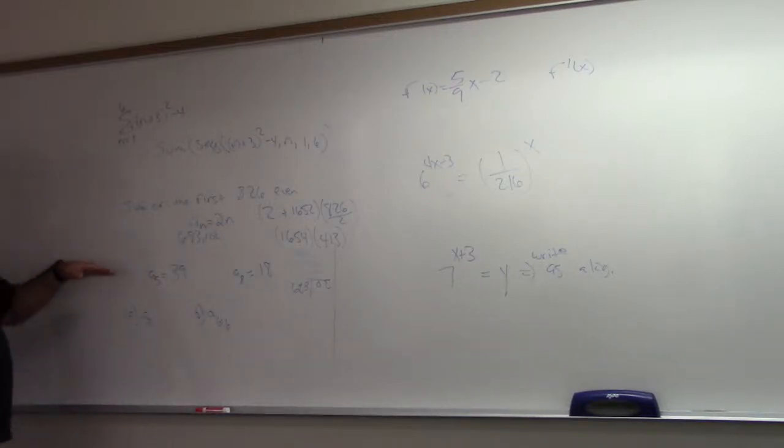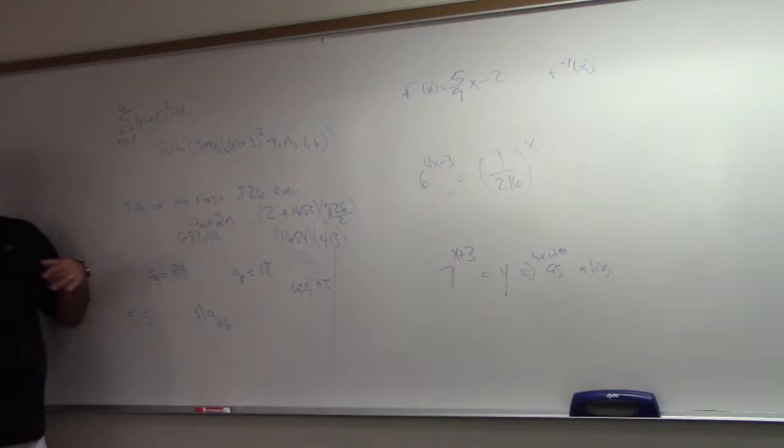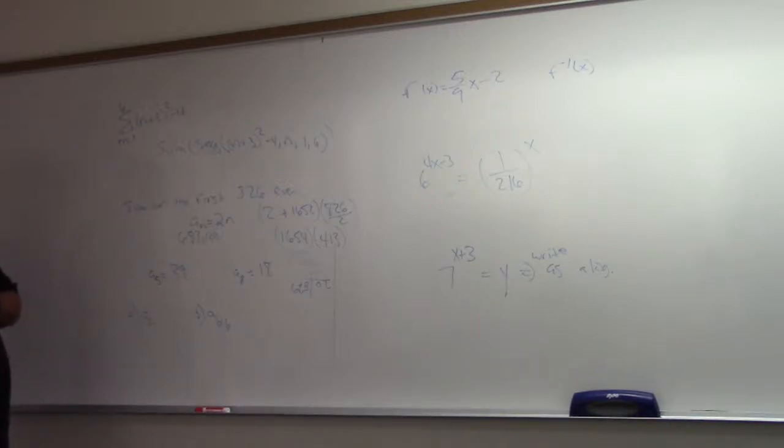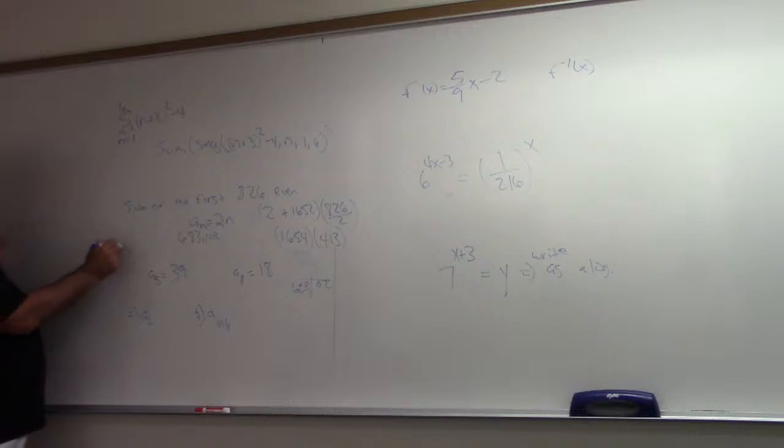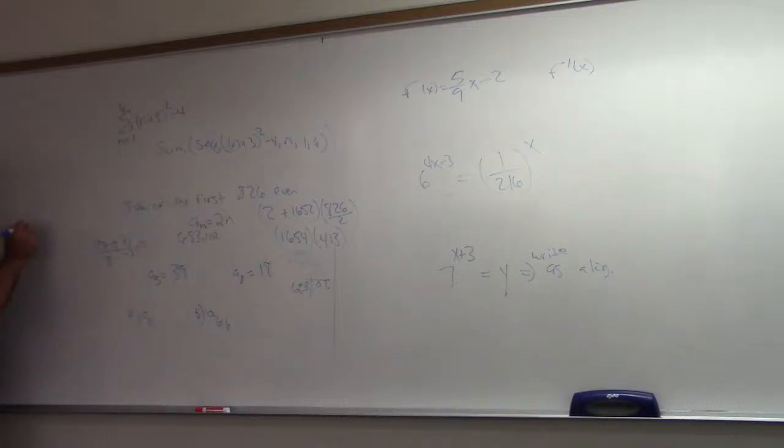Now with this one, what's it counting down by? It's counting down by 7, right? It's 39 minus 18 divided by 3, so 21 divided by 3 is 7. The formula is AN equals A1 plus D times N minus 1.